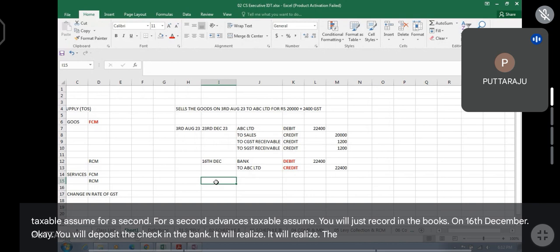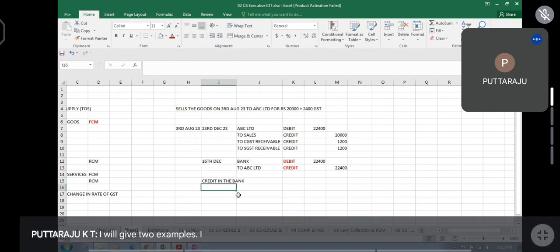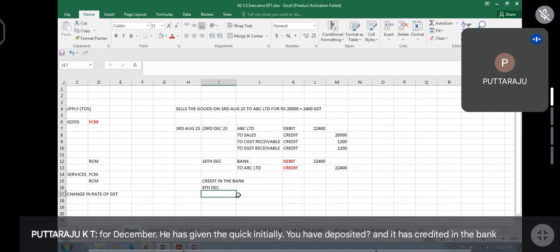The deposit. I will give two examples I will take. Fourth December, he has given the check initially. You have deposited and it has credited in the bank on 4th December.